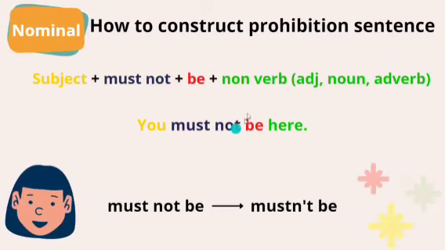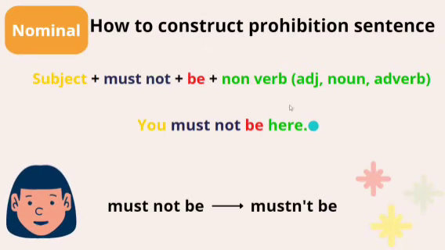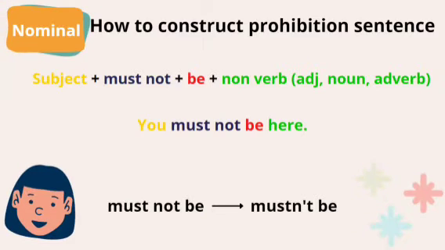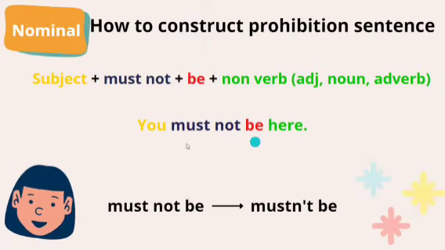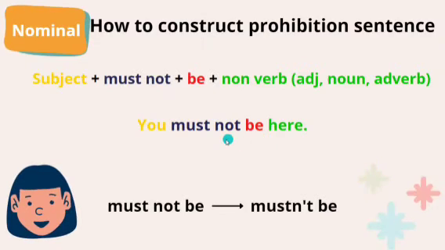Okay, and these are other examples. Look at the man here. He looks so sad. He cries. And then you said, you must not be sad. Kamu nggak boleh sedih. Ya, you must not be sad. Kemudian, ini ada laki-laki yang sedang tertidur lagi belajar.